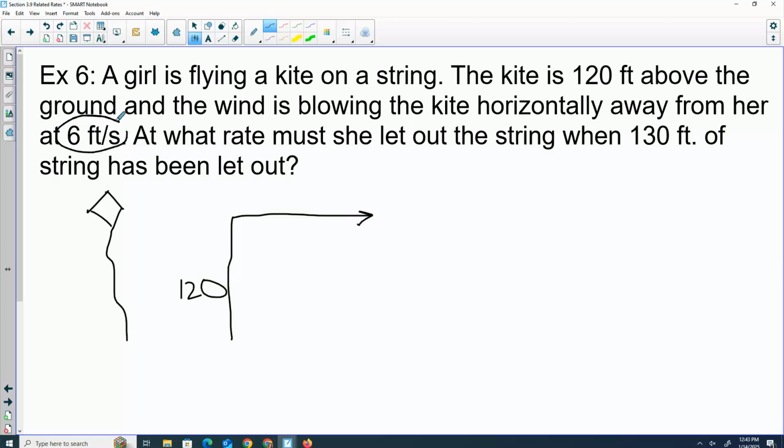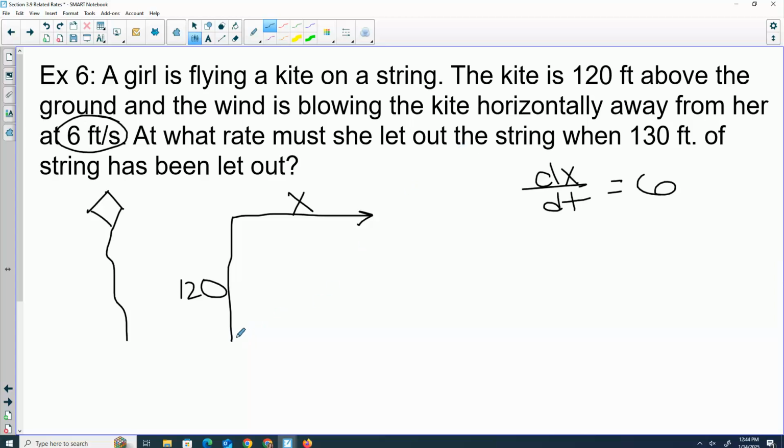If it's a rate, that's a derivative. If I'm going to have a derivative, I need a variable here. So that's, let's call it x. So that means my dx dt is 6. At what rate must she let out the string when 130 feet of string has been let out? What is that talking about?